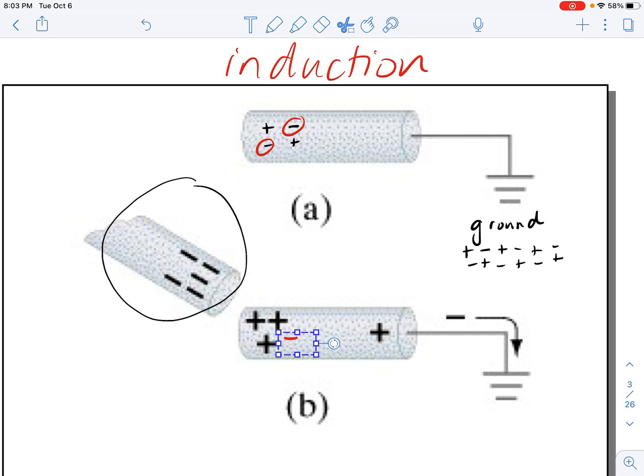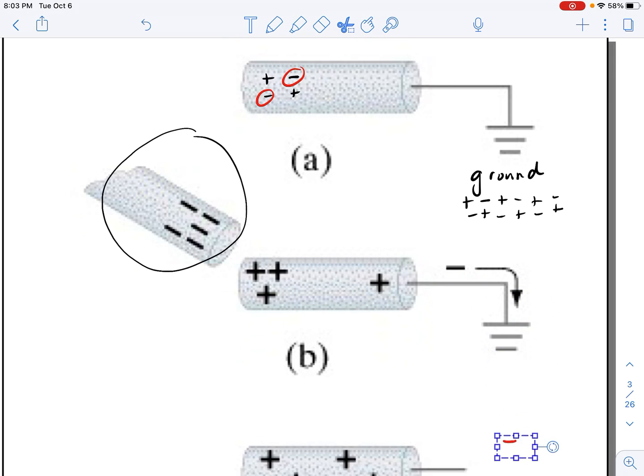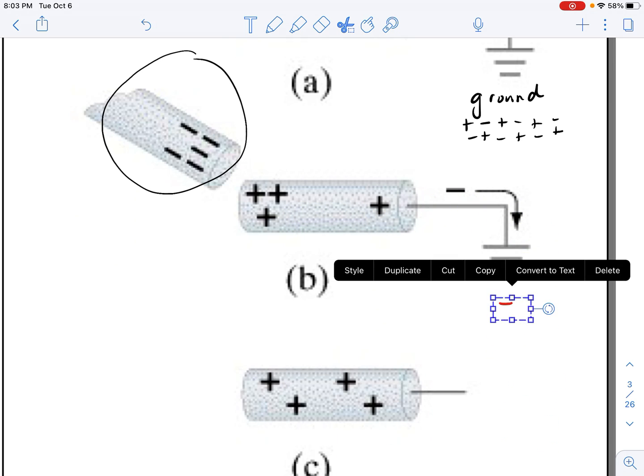Okay, they're going to be repelled. So this negative charge is going to be pushed away from the negatively charged bar, and it has a path to get really far away. The like charges want to spread out as much as possible. So this negative charge is repelled by the negatively charged bar, and it's got a path to ground, so it's going to be able to leave.